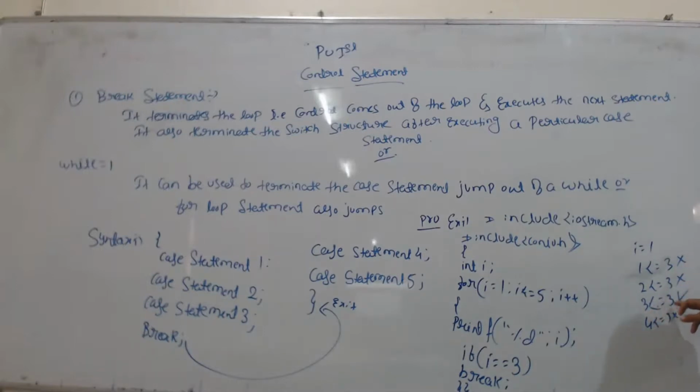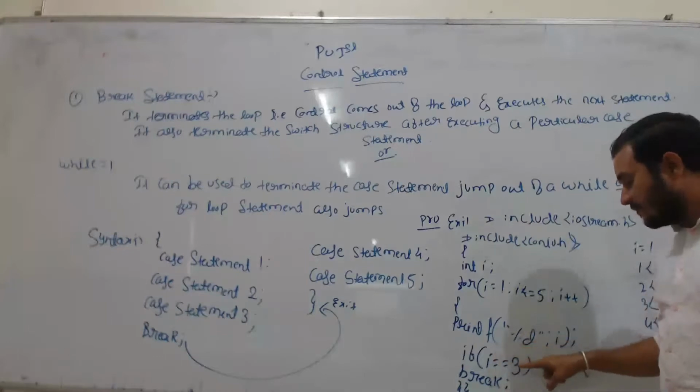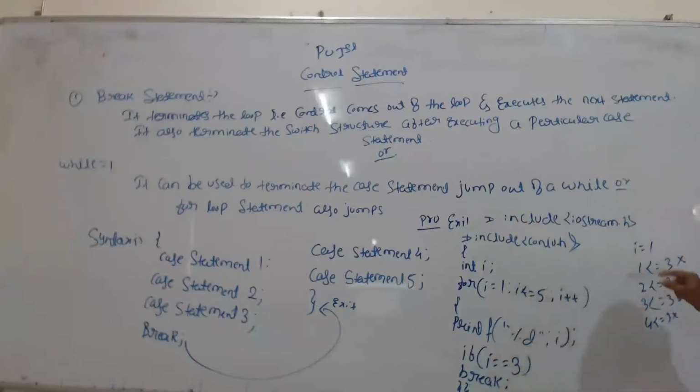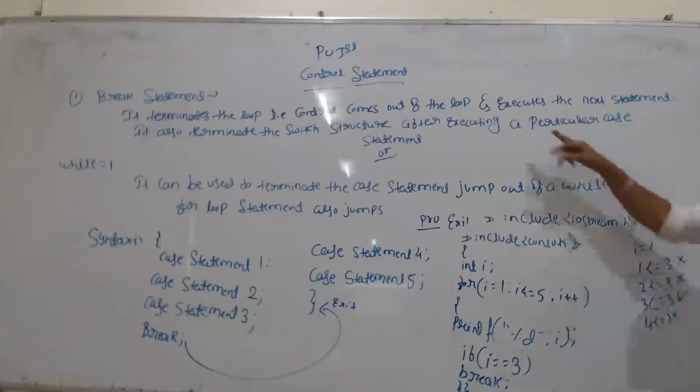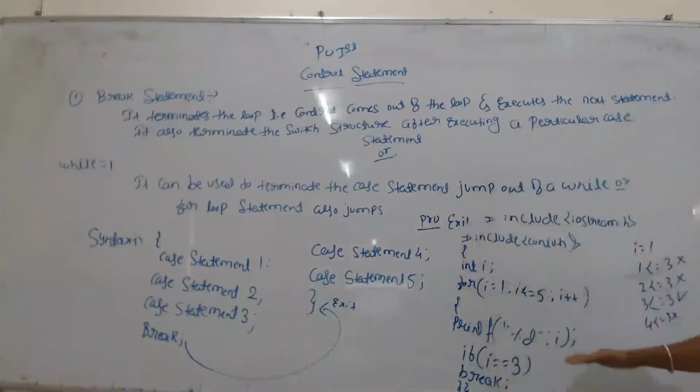For 2, less than or equal to 3, this is also false. For 3, less than or equal to 3, when I is 3, this statement executes and displays, and comes out from the loop. Understand? So this is what the break statement is.